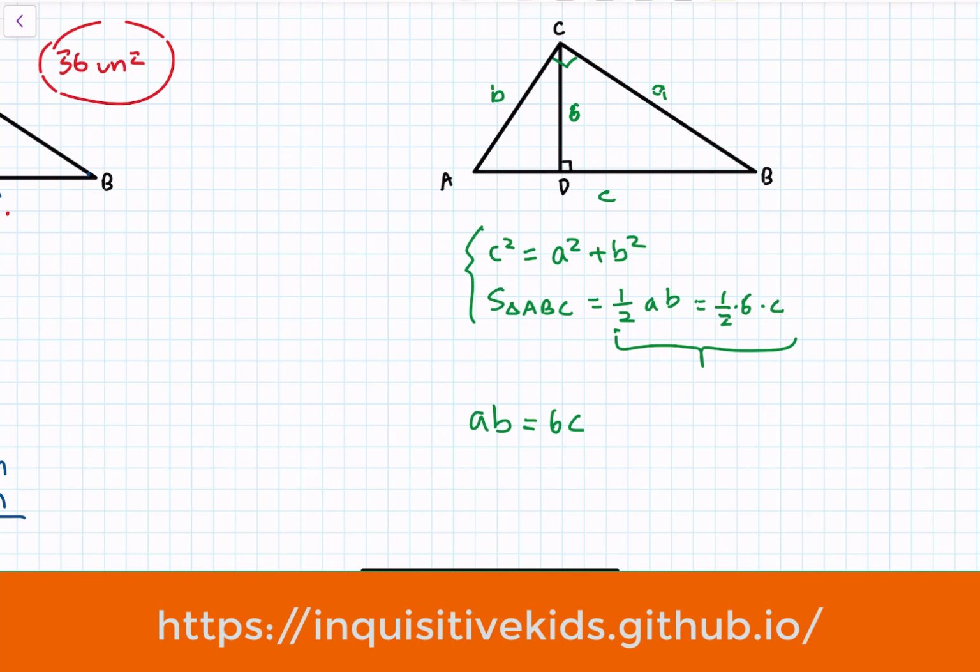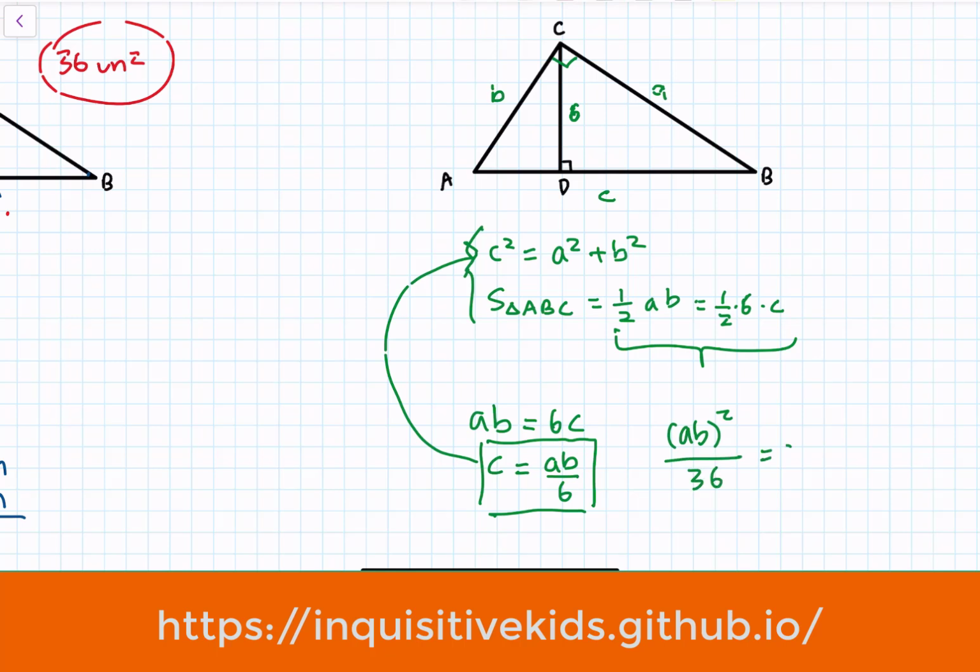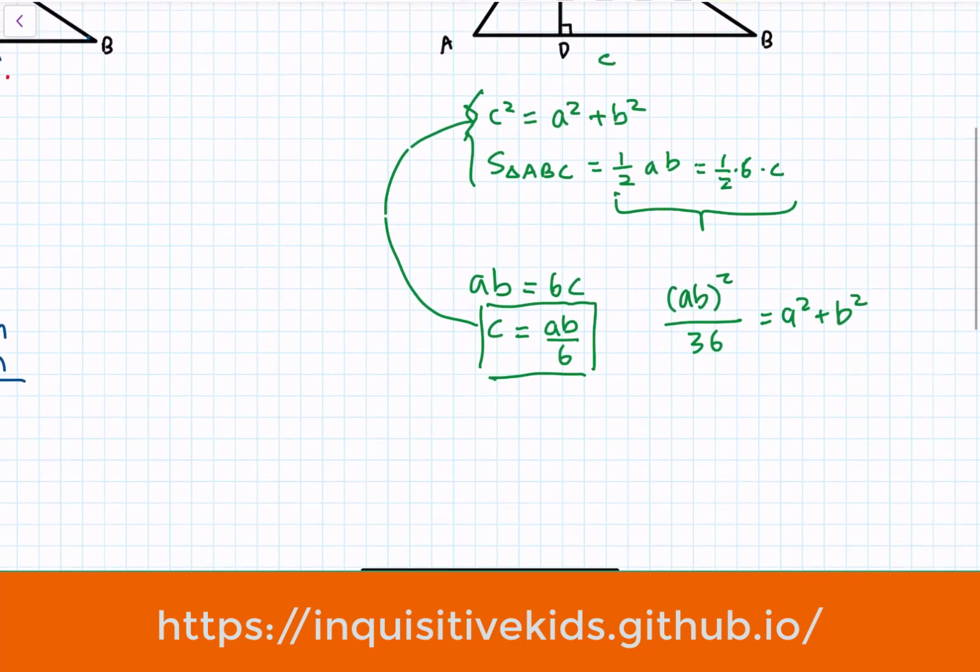This also shows that C is equal to AB over 6. When we bring C equals AB over 6 into the Pythagorean theorem, we get AB squared over 36 is equal to A squared plus B squared. We can multiply 36 on both sides of the equation.